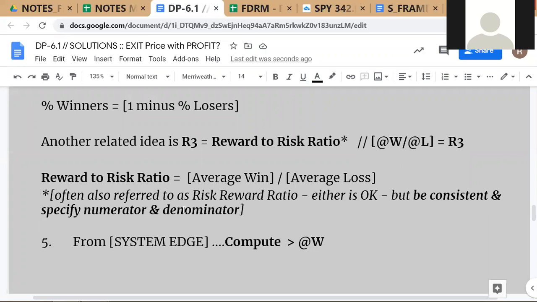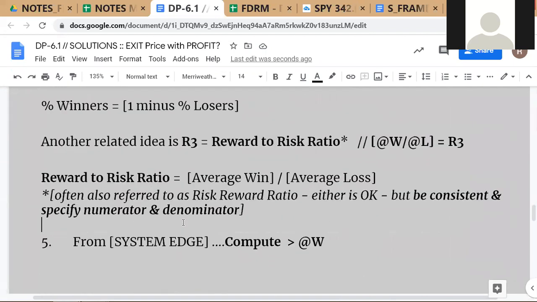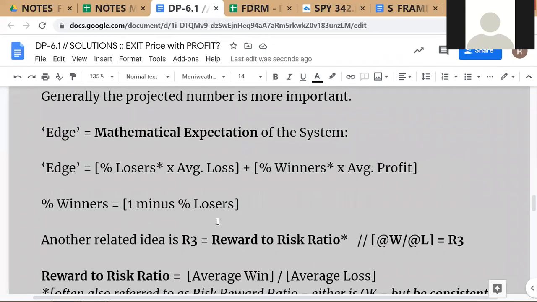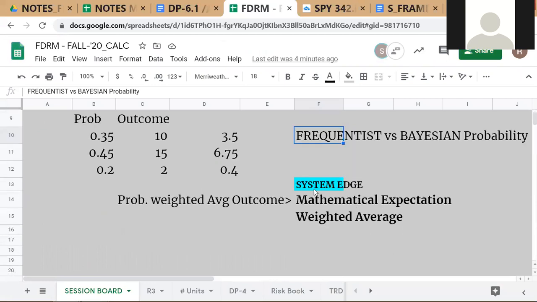Okay, so this is where we stop. Mathematical expectation, make sure you understand it conceptually, and if you have any confusion about it, you have to ask me. Make sure you understand why I'm saying that these are all the same: weighted average, mathematical expectation, and system edge.